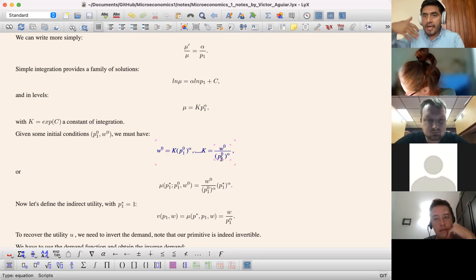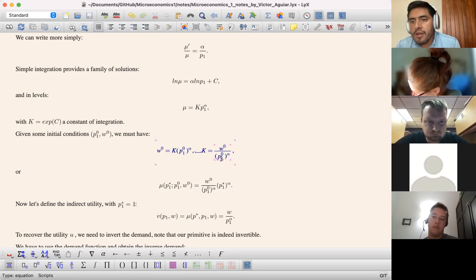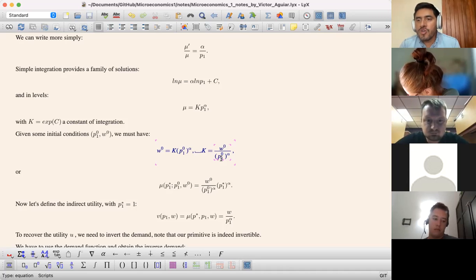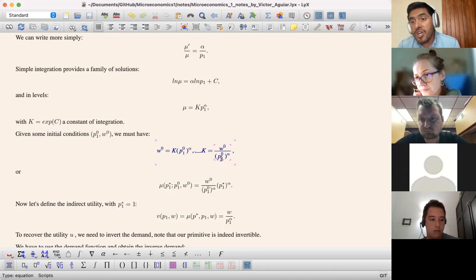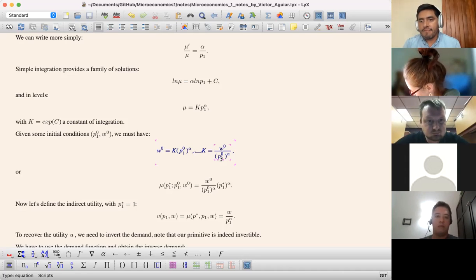So now K became a number. That's what you do in integration. You remember your calculus classes: once you have obtained the integral up to a constant of integration, you find some initial conditions, and using the initial conditions, you obtain the constant of integration. So this constant of integration, of course, changes with the choices of prices and income. Everyone with me?